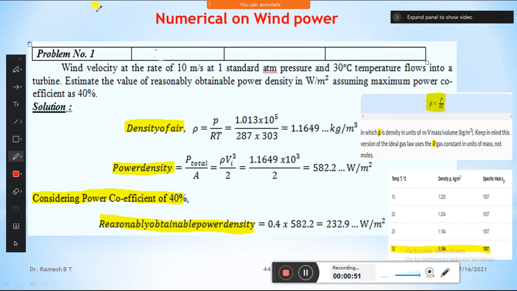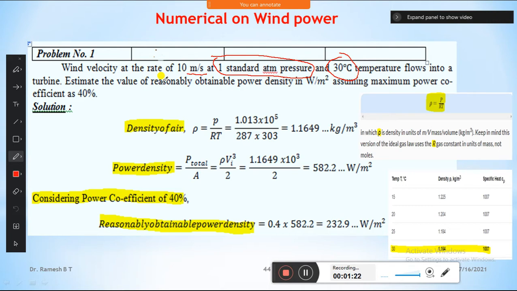The given data is the wind velocity at the rate of 10 meter per second, at 1 standard ATM, meaning atmospheric pressure, and a temperature of 30 degree centigrade, flows into a turbine, meaning this much wind is flowing against the blades of the turbine so that it will start rotating.